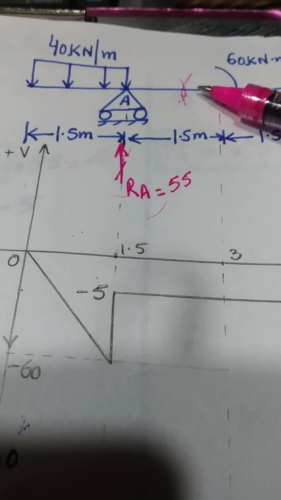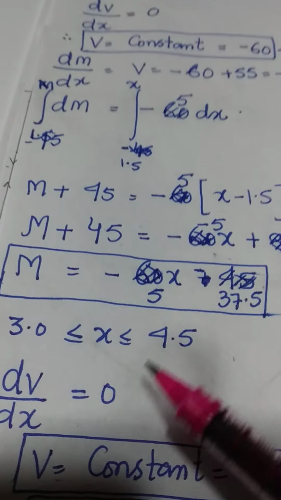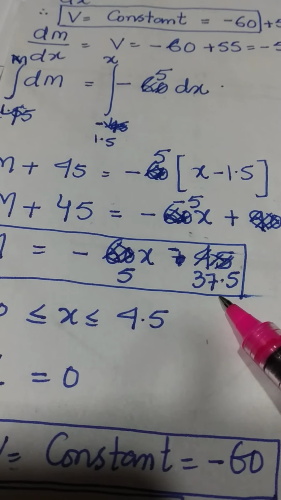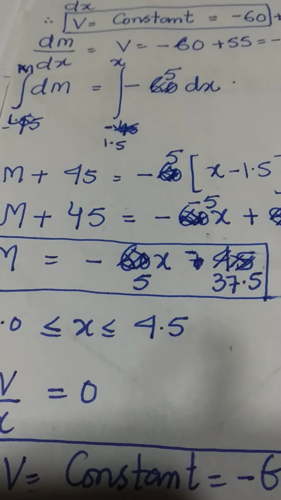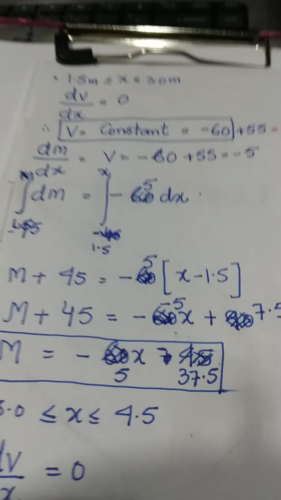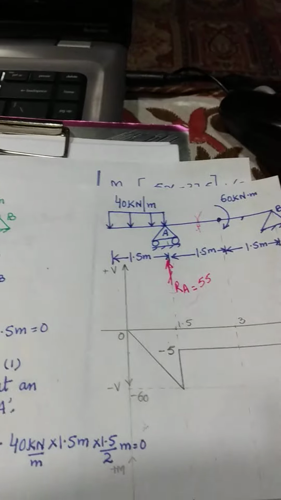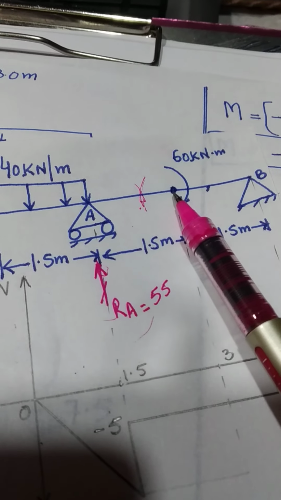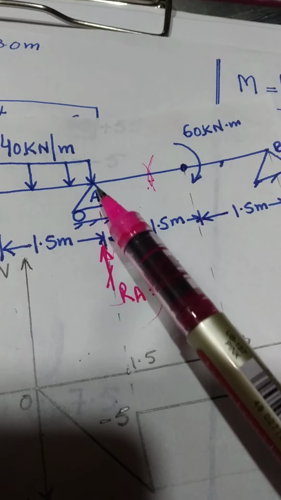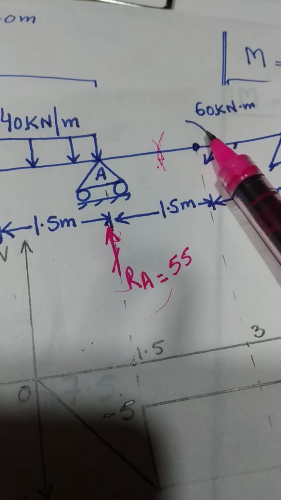Now see, the equation for the bending moment on the left hand side of the beam was M is equal to -5x minus 37.5. This is the equation for the bending moment applicable on this section of the beam. Now we are moving from this section to this section and we are coming across this bending moment.